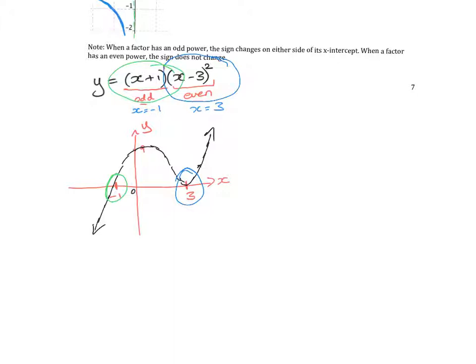So this function would have a sign diagram where the x-intercepts are -1 and 3. On this side of -1, we're below the x-axis, so we're negative. Between -1 and 3, we're positive. And on the other side of 3, we're positive again. So hopefully that makes sense.